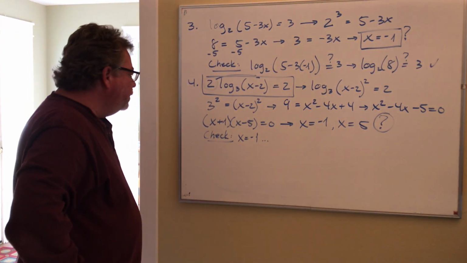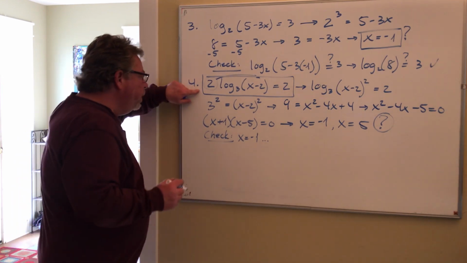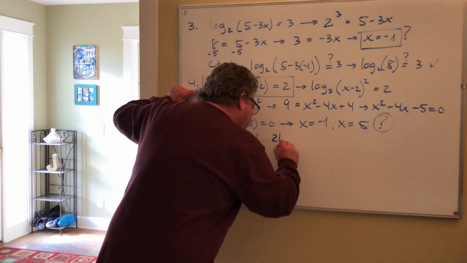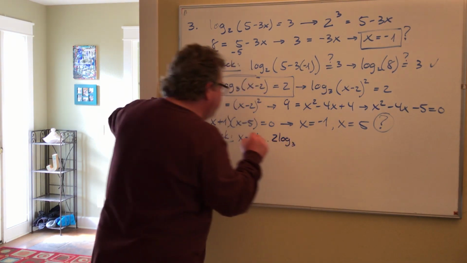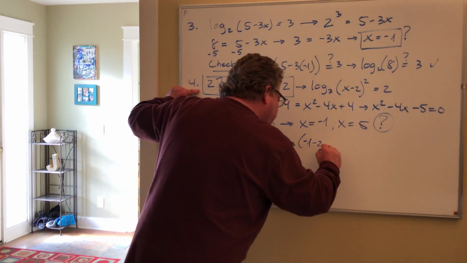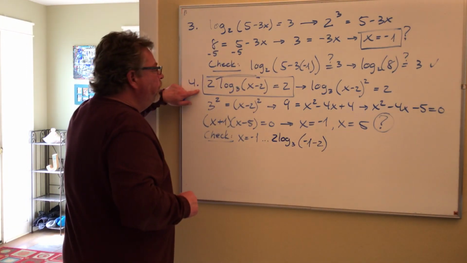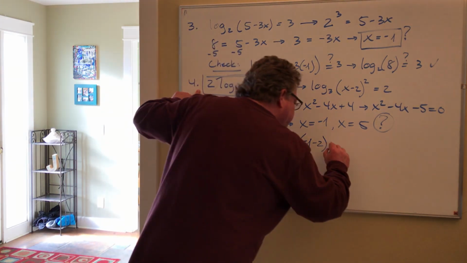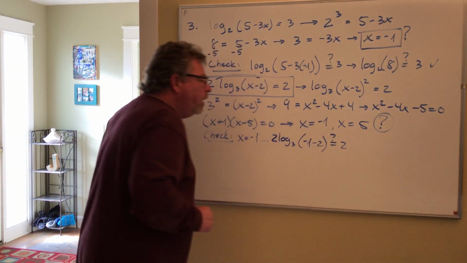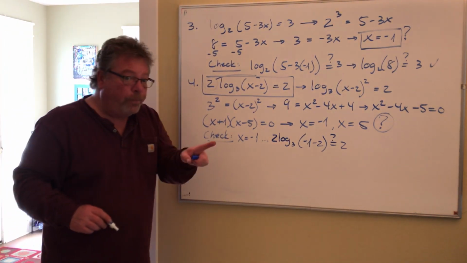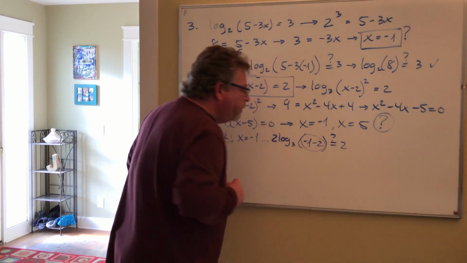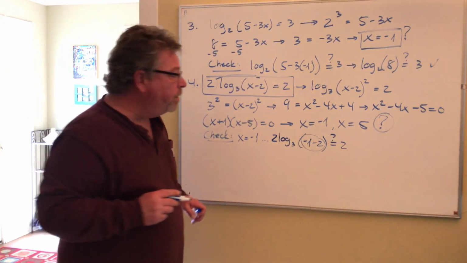So if we check x equals negative 1 back in this original equation, we've got 2 times the logarithm base 3 of negative 1 minus 2. And I'm asking, is this in fact equal to 2? And the answer is no. Because what's going to happen right here is that guy's going to go negative.